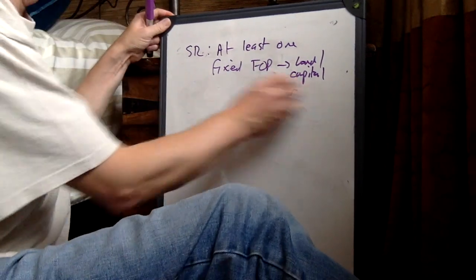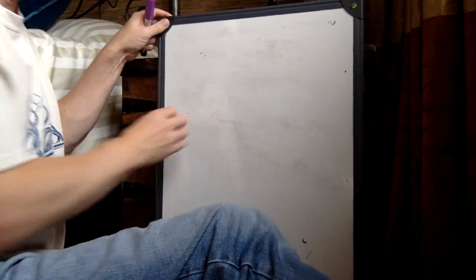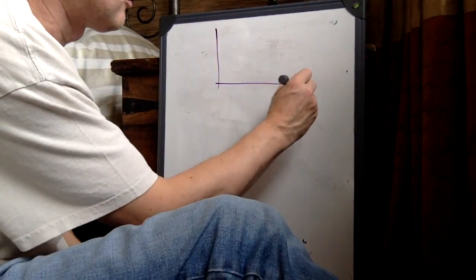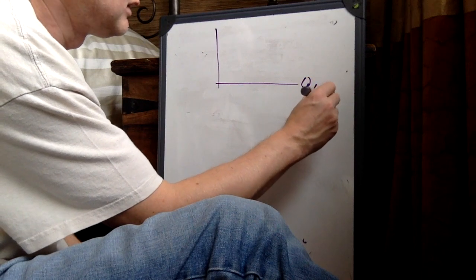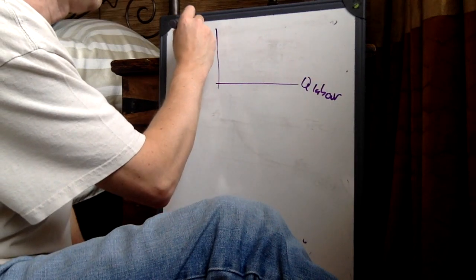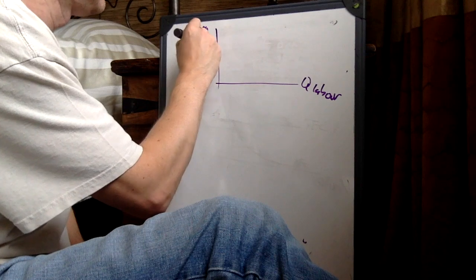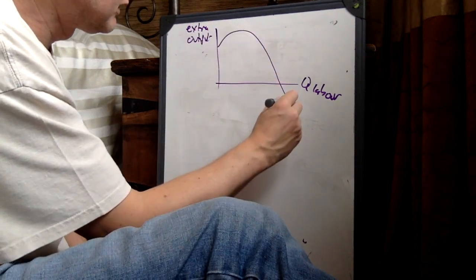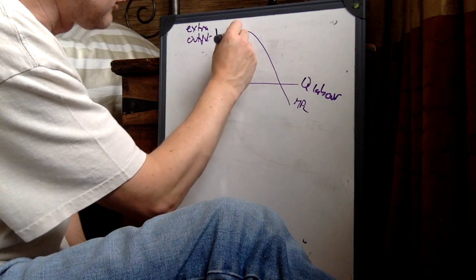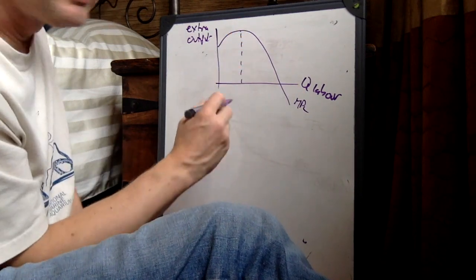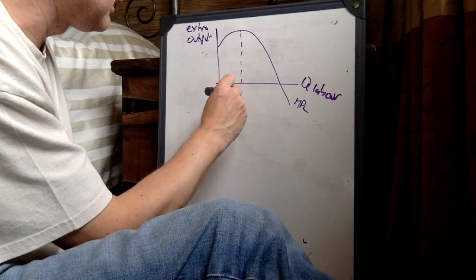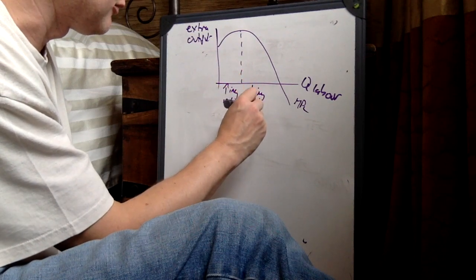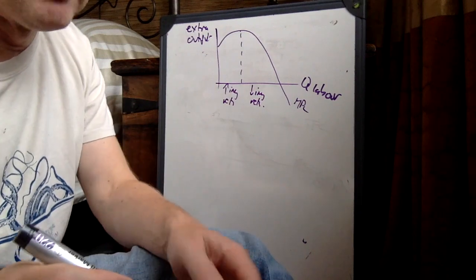The way we showed that is, let's suppose that's now the quantity of labour, not units, and this is the extra output that a worker makes. Initially marginal product rises and eventually marginal product falls. So here we have increasing returns to the variable factor, and here we have diminishing returns to the variable factor. So keep that in mind for a minute.